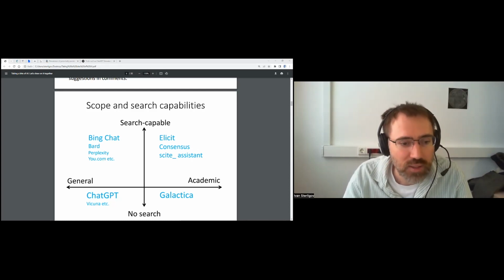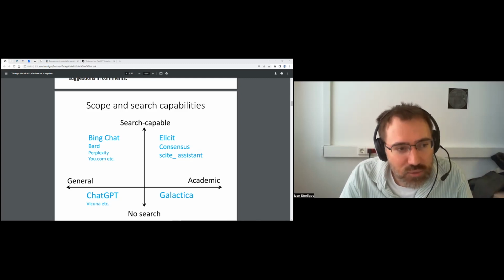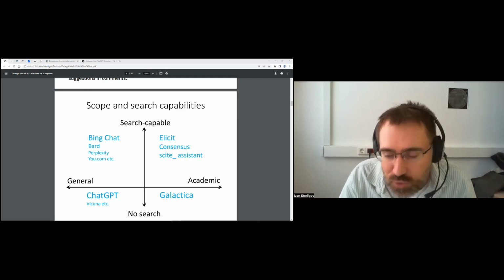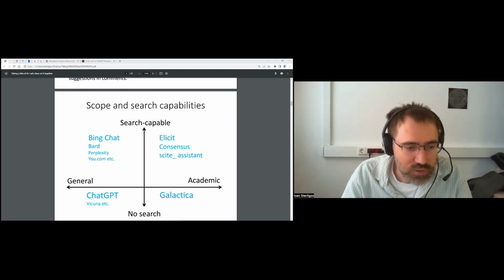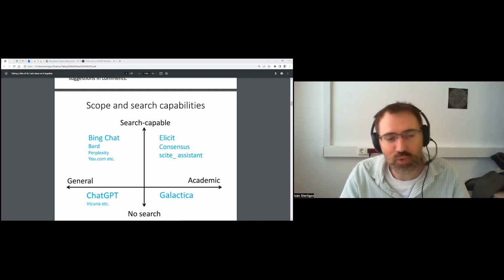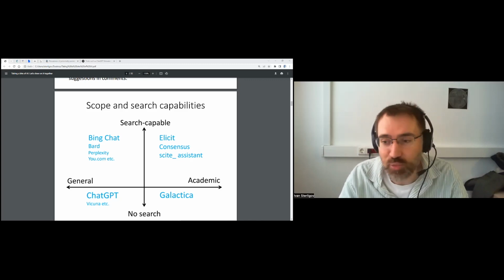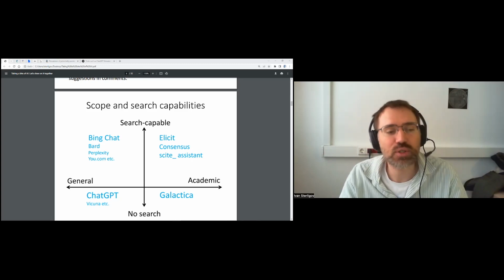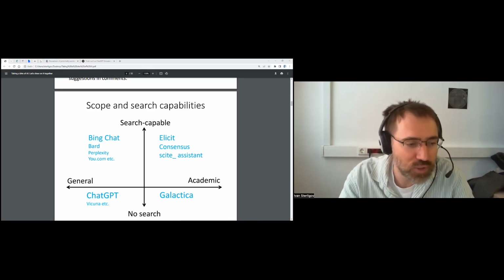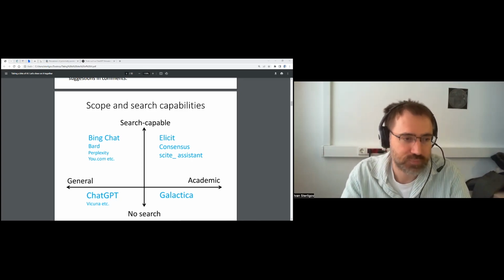And the second axis is, are these new tools capable of searching something on the internet? The most popular one is general and incapable of search. This is ChatGPT, and some similar open source tools like Vicuna and so on.